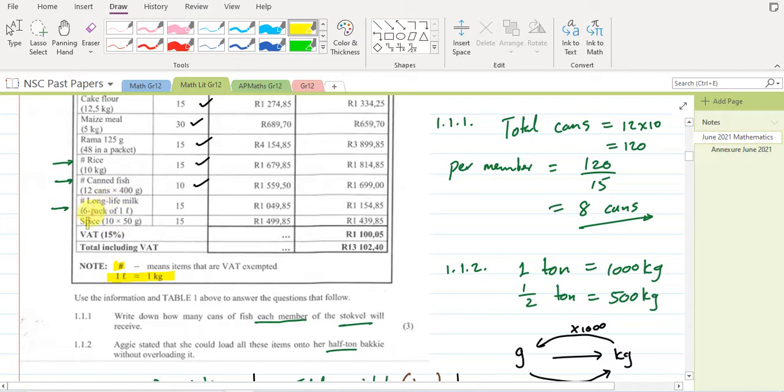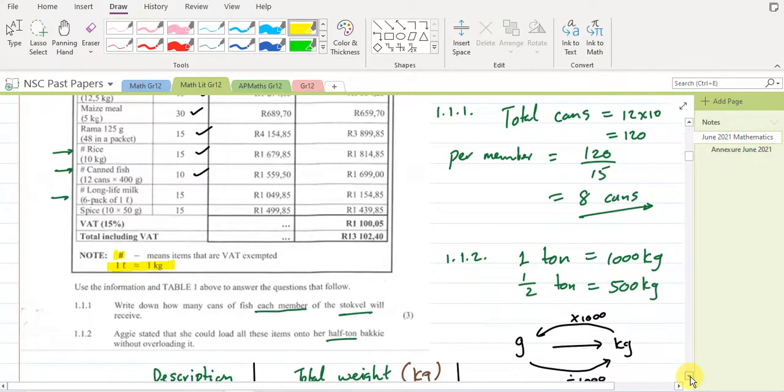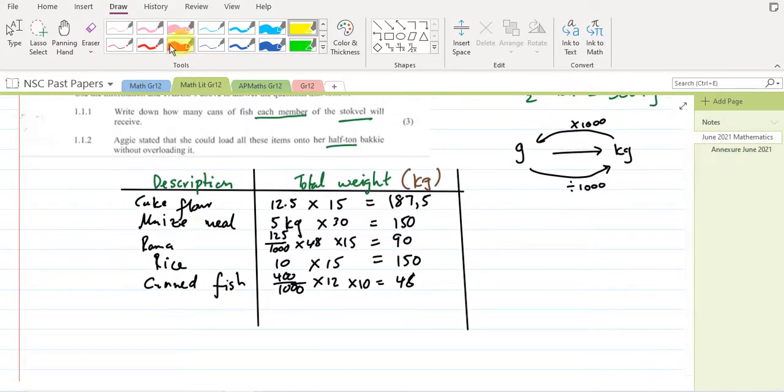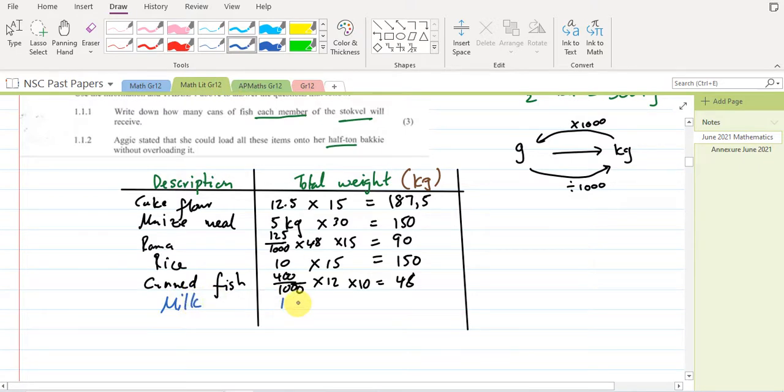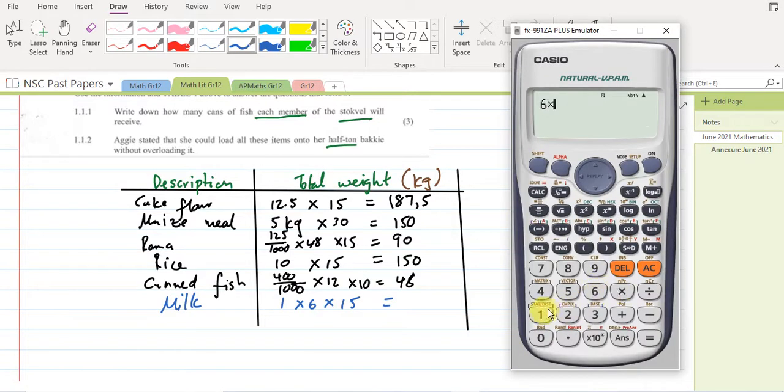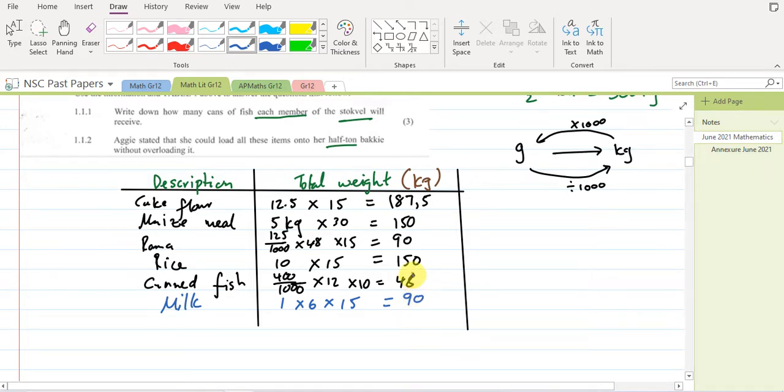It comes in 6 packs, so 1 kg times 6 times 15. You can just write milk, 1 kg times 6 times 15, and 6 times 15 is 90 kg.